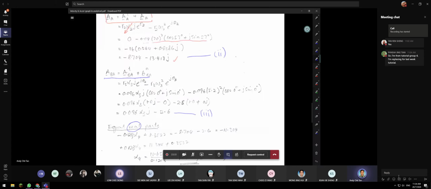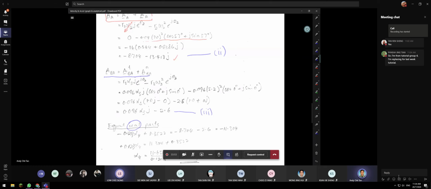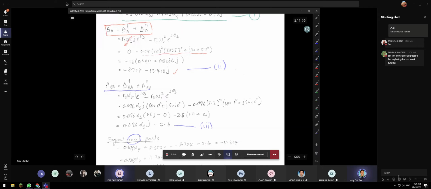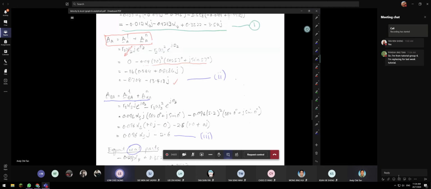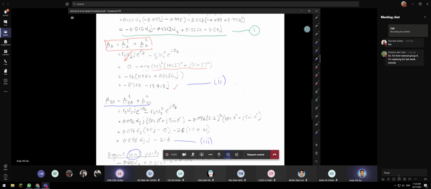Why is it minus between the tangential and the normal component, but you wrote plus in the general equation? That's a good question. You find that here it is omega square times omega square, so it's minus.